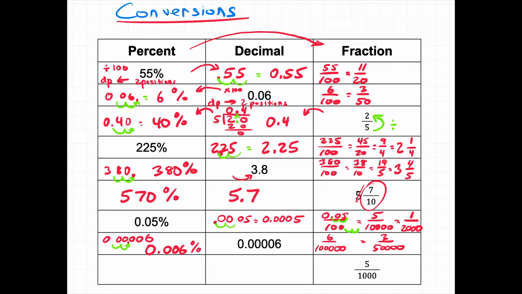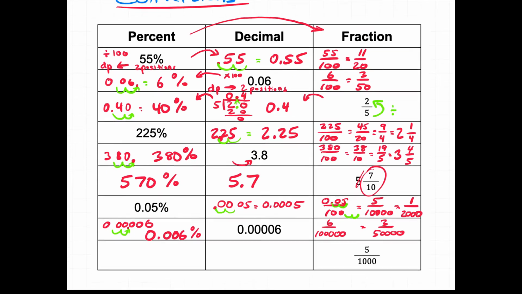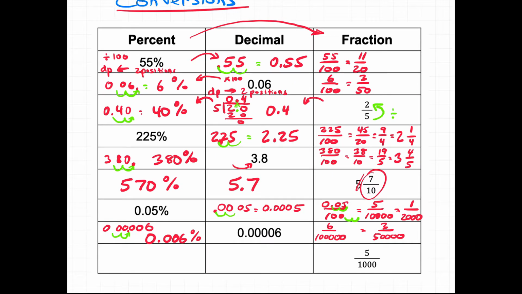And the last one, we've got 5 over 1,000. So again, to put this as a decimal, we can just go 0 point. Well, we're talking about the thousandths. That is going to be tenths, 100ths, and 1,000ths. So this would be 0, 0, and the 5 in the 1,000ths.